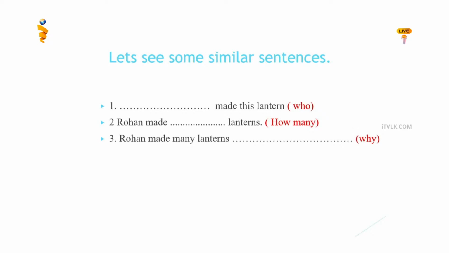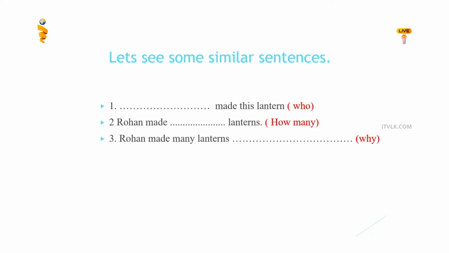The second is, Rohan made blank lanterns. The second question that we are going to ask is, how many lanterns? The answer should be how many. The third is, Rohan made many lanterns. And the third question is, why did Rohan make lanterns?